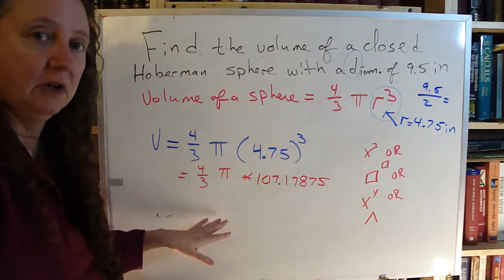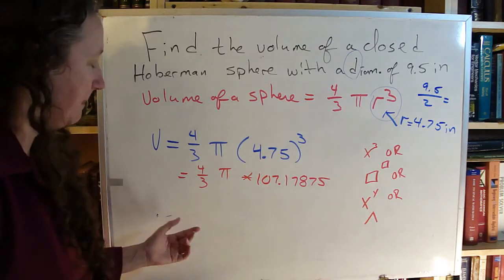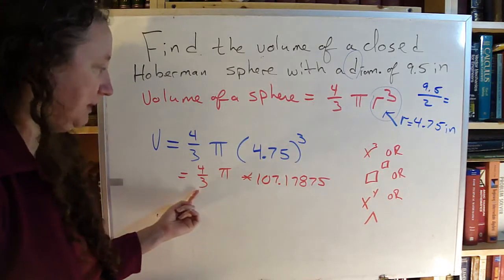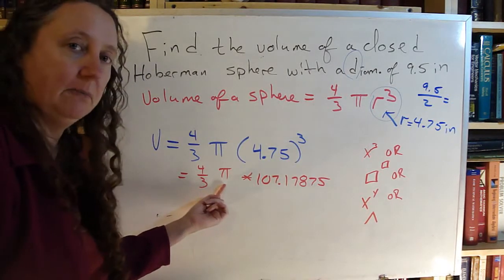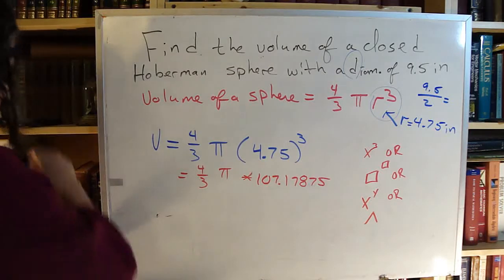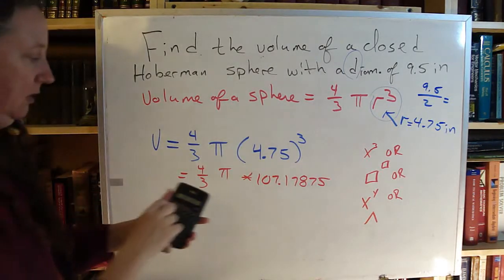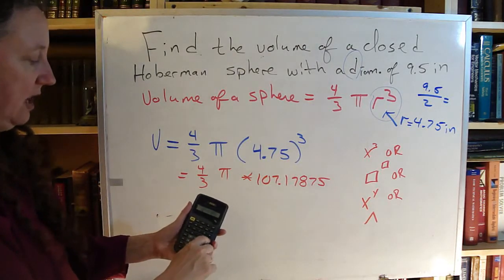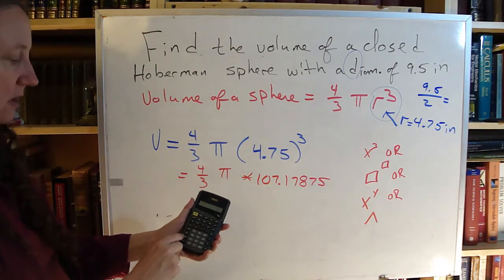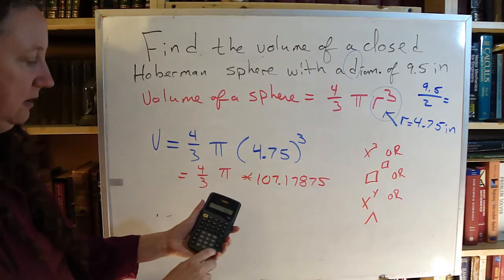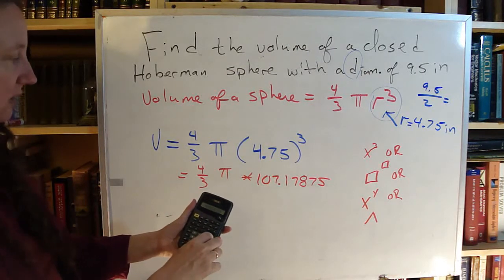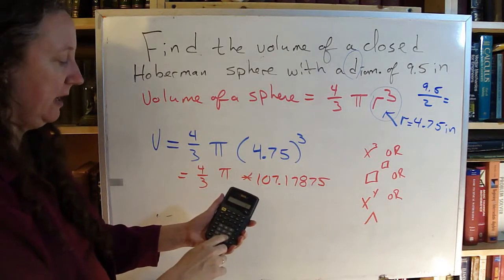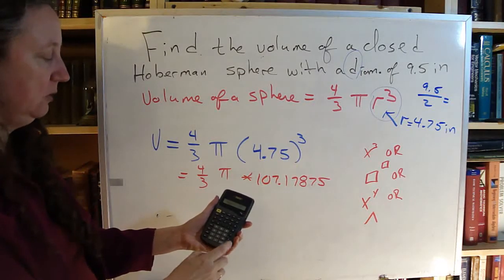So my problem's not done because I haven't gotten it down to just one number. I'm going to leave that number in my calculator, and I'm going to multiply it by 4/3 and by pi. So I times by 4 divided by 3 equals, and times by pi. I'm going to use 3.14 for pi. 3.14 equals.